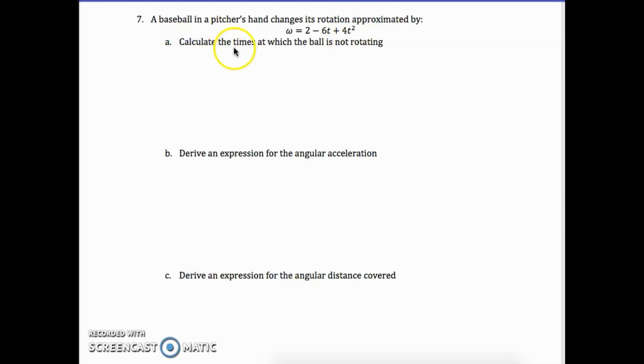For part A, the times at which the ball is not rotating, the speed is 0. So we will set the speed equal to 0 and solve for t. We have a quadratic here, and we can start by factoring out a 2.